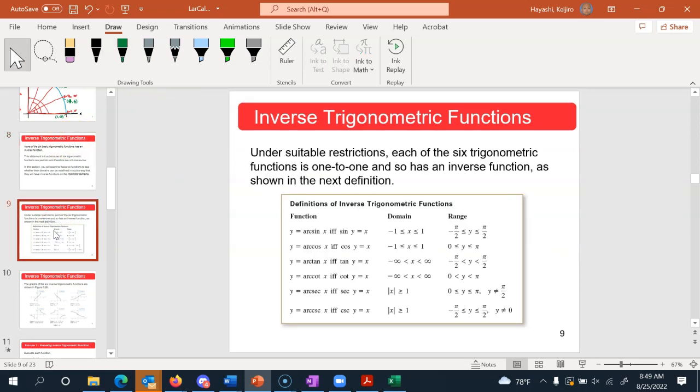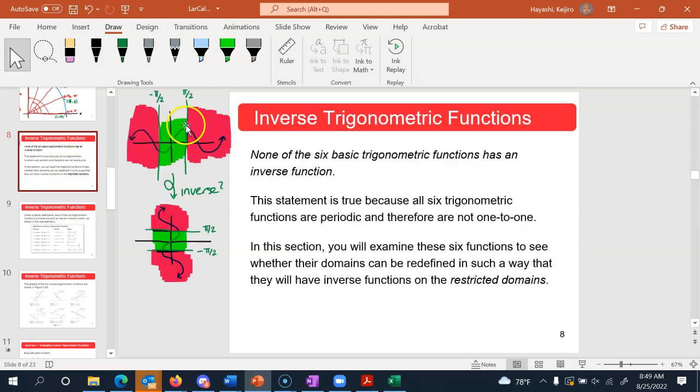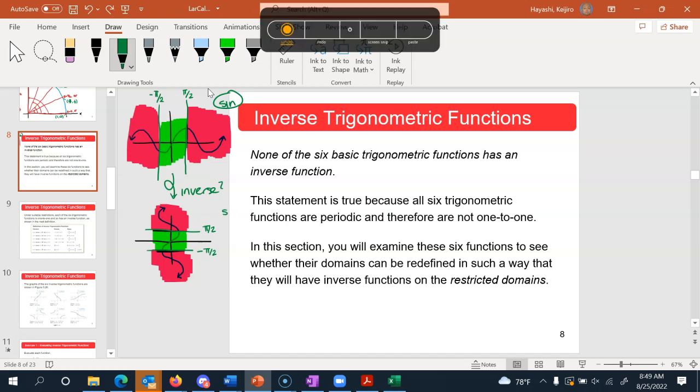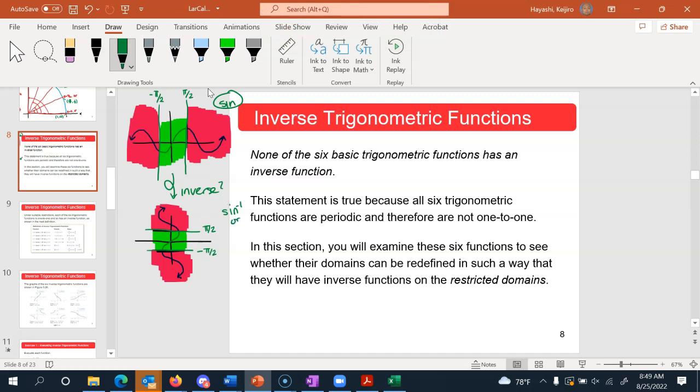And here are the domains and ranges of the inverse trigonometric functions. So what we just saw, right, is this is sine. So to invert it, that must be sine inverse, or arcsine.